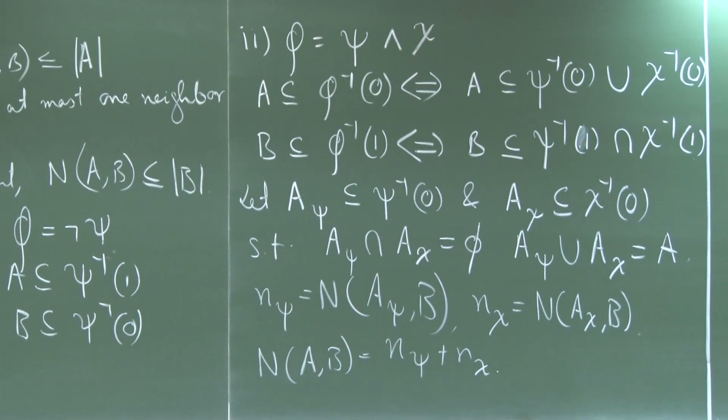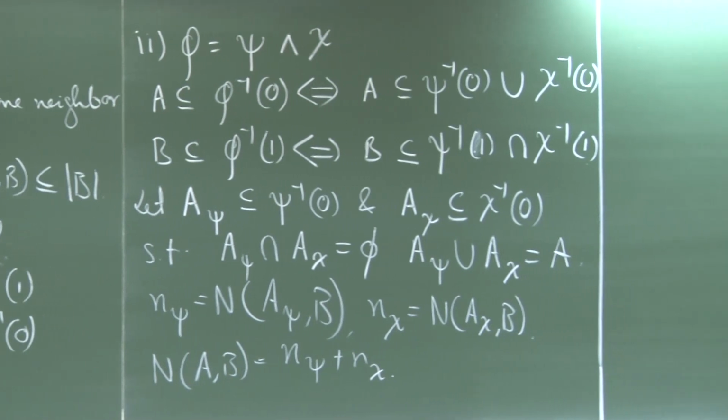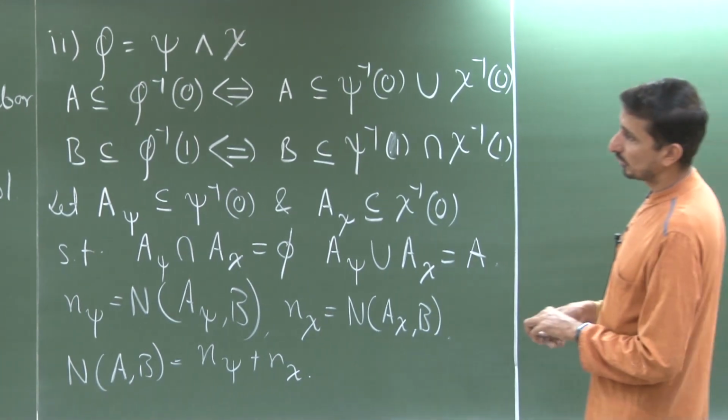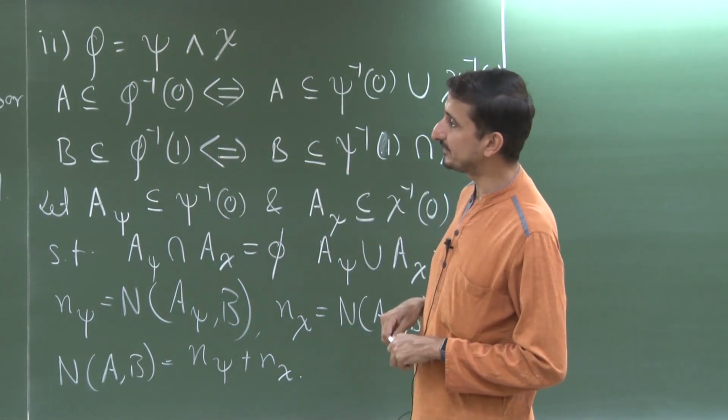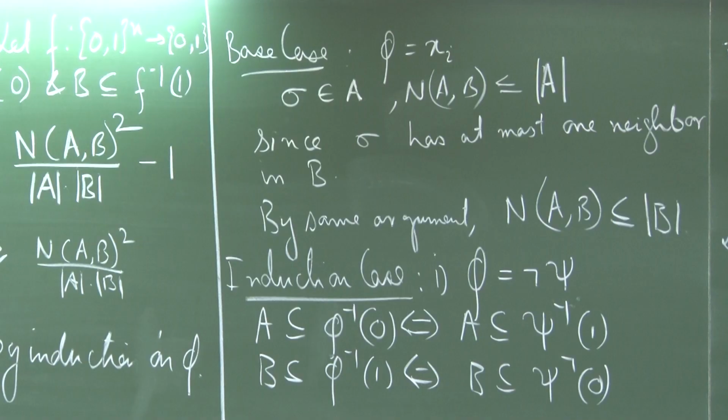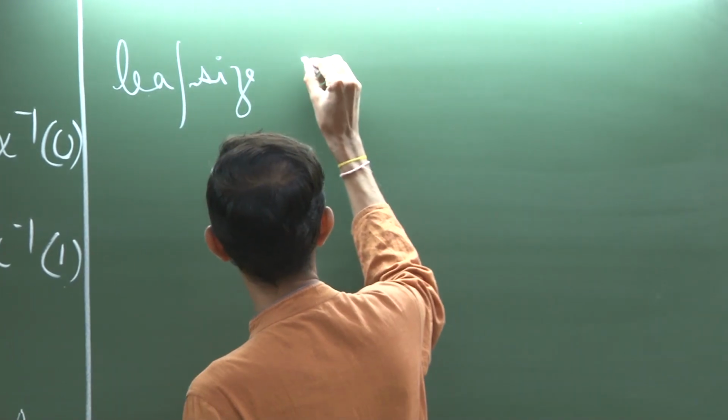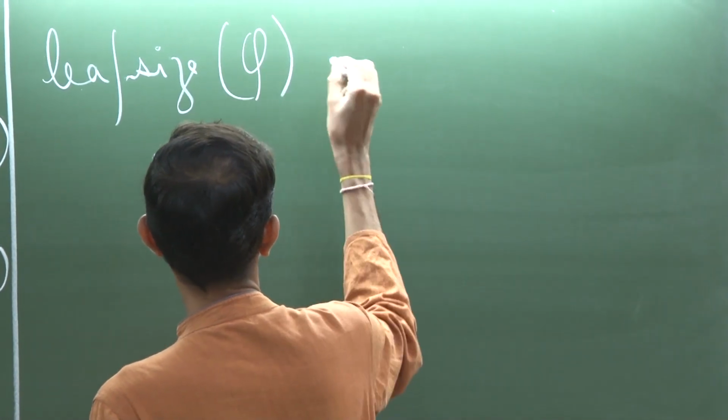Okay. So, now we have established the notation, now we can get to the proof. So, what do we want to prove? We want to prove that leaf size of phi is greater than this. So, let us take the leaf size of phi.